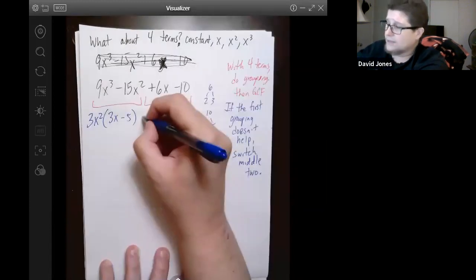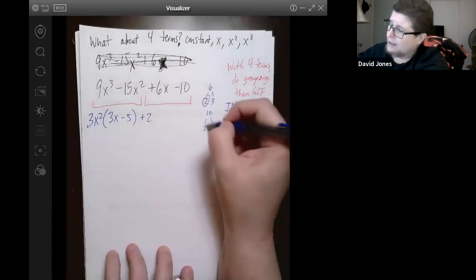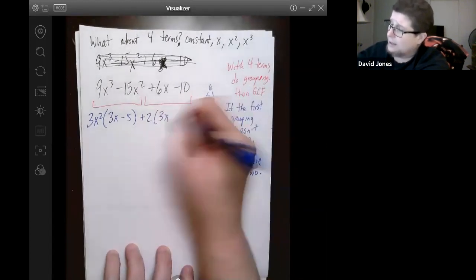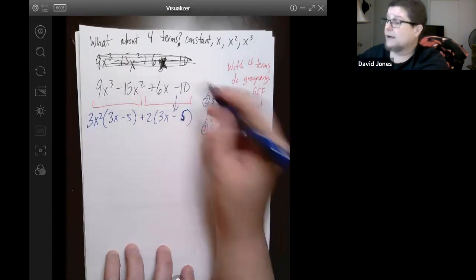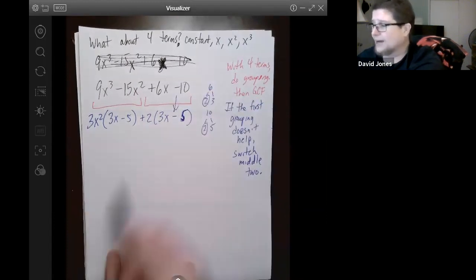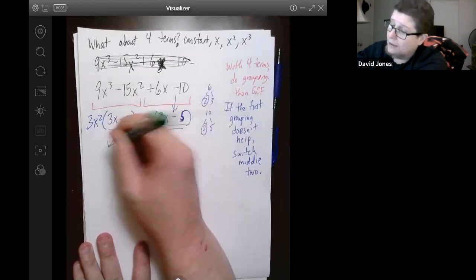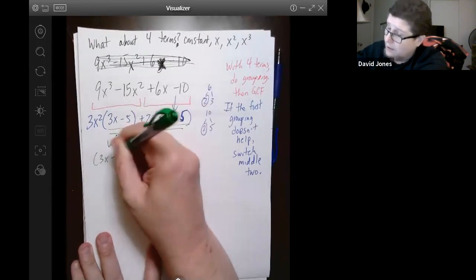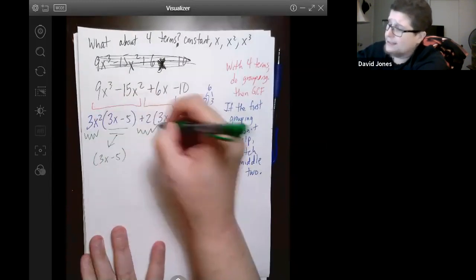Only a 2 comes out. That's going to leave behind the 3 and the 5, and the 5 is negative because of that sign right there. And look, we've got a 3x minus 5 in both. When that occurs, we can pull it out. And whatever's left behind goes in parentheses.